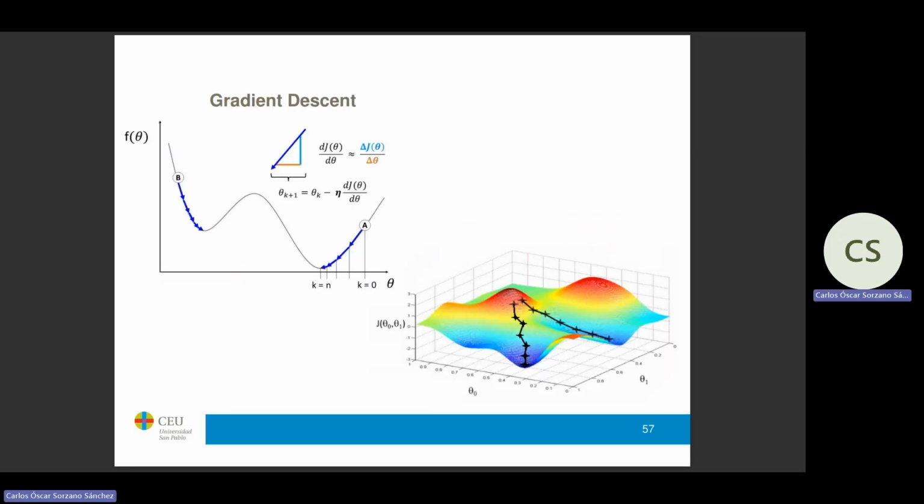This also illustrates that, depending on where you start, these gradient descent algorithms converge to different minima. If you start here, you converge to this minimum. This is the global minimum, so you're fine. But if you start here, you'll end up at a local minimum. Here the gradient is 0, so you don't move anymore. If you move in the direction of the gradient, but the gradient is 0, then you're not moving. And the same happens, for instance, in these two-dimensional functions.